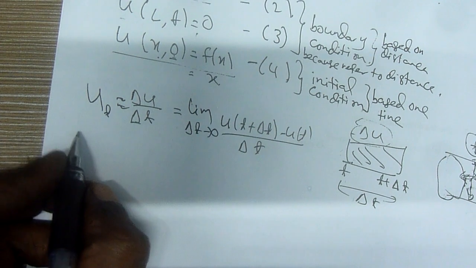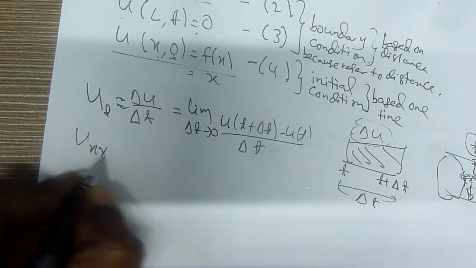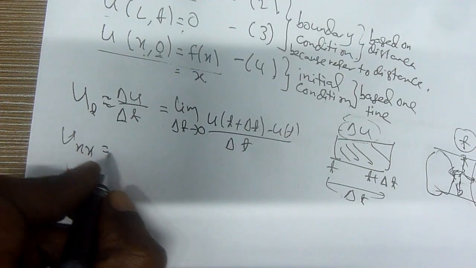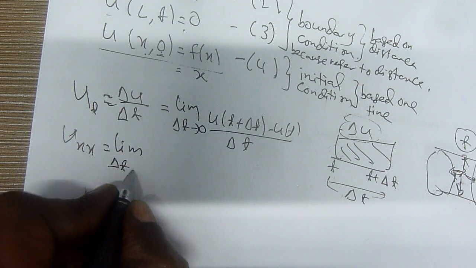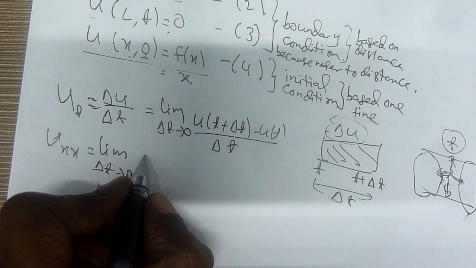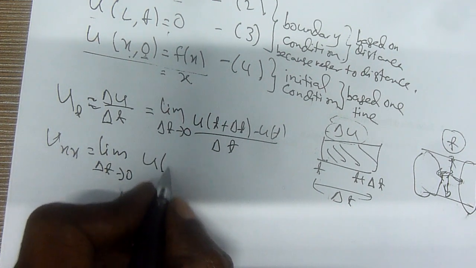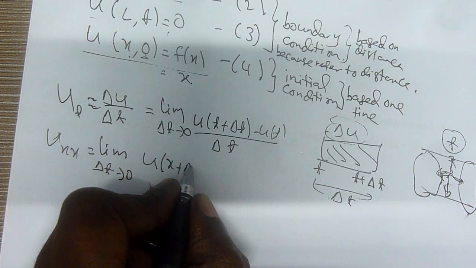Okay, what about the uxx? uxx is referring to the limit, for the del x equals to 0. I'll give you a very quick understanding on this.